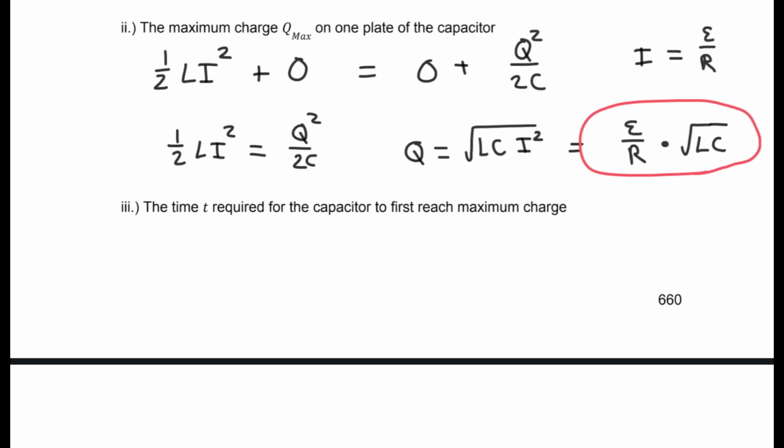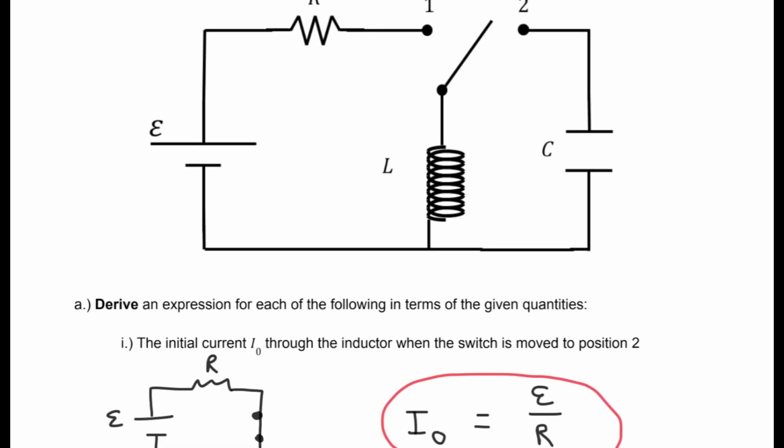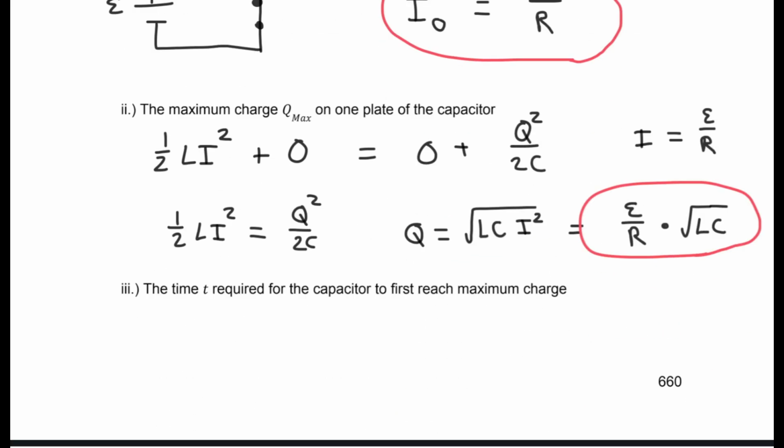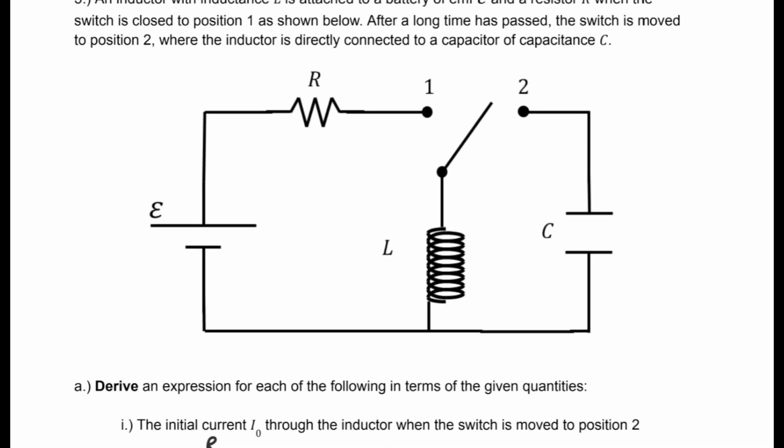And then we'll look at the time required for the capacitor to first reach maximum charge after it's been flipped to position 2. All of these major events occur a quarter cycle apart. At t equals 0, we have current flowing down through the inductor. Then a quarter cycle later, the inductor releases all of its energy, so the capacitor plate is fully charged. Then a quarter cycle later, the capacitor discharges, sending its current the other way around the circuit.